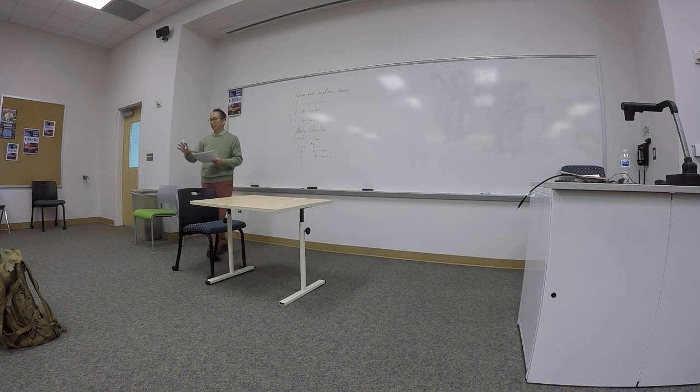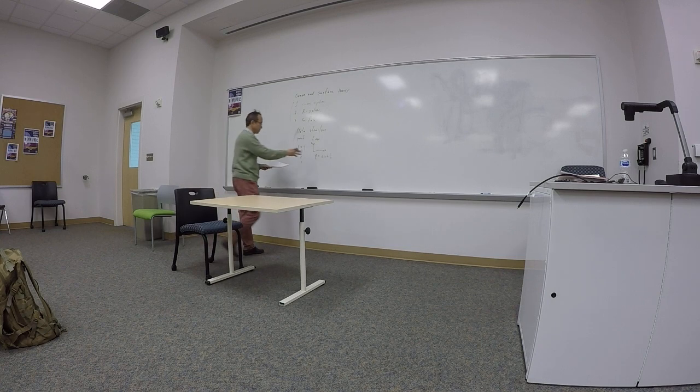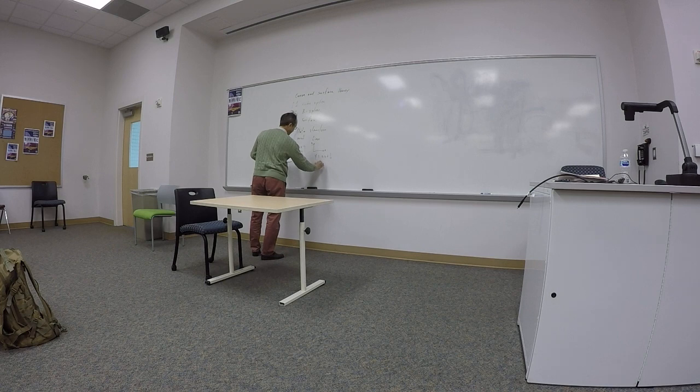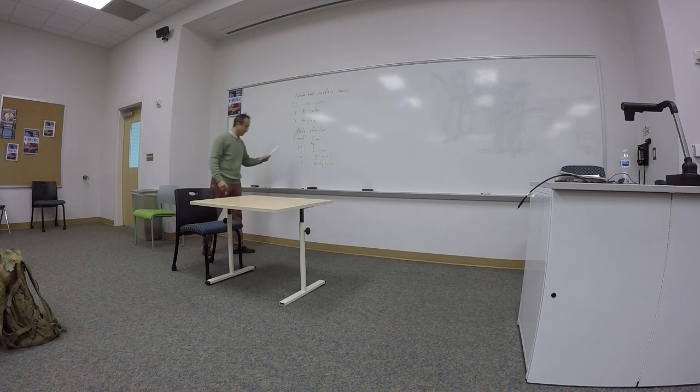That's the general form. But in order to deal with this in a computer, we transform this into a further simplified form like ax plus by plus c equals 0. Okay.